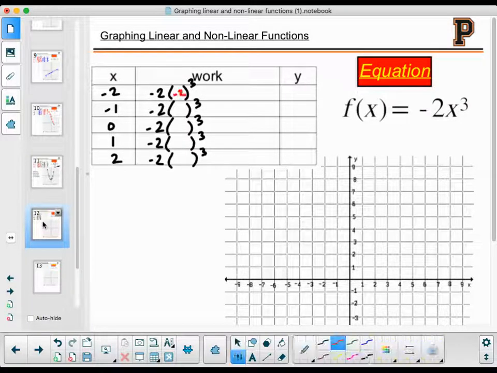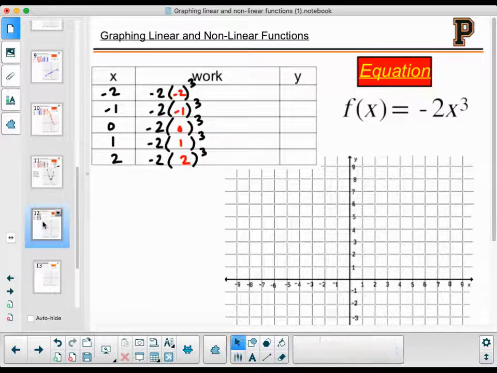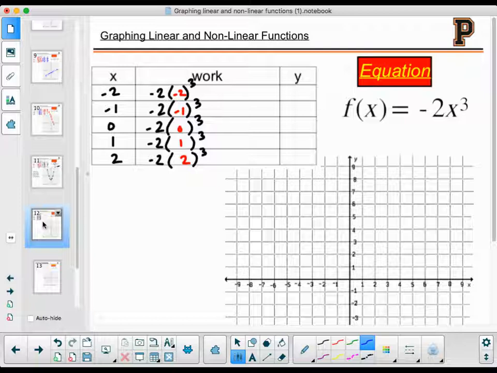Plug in my values, and then do my math. Now, be careful here. The tendency is to work outside of order of operations when we're doing this, but make sure that we understand exponents come first. So I need to do -2 to the third power before I multiply the -2.